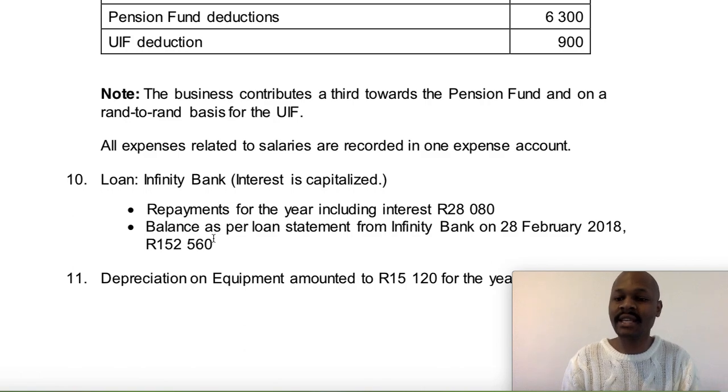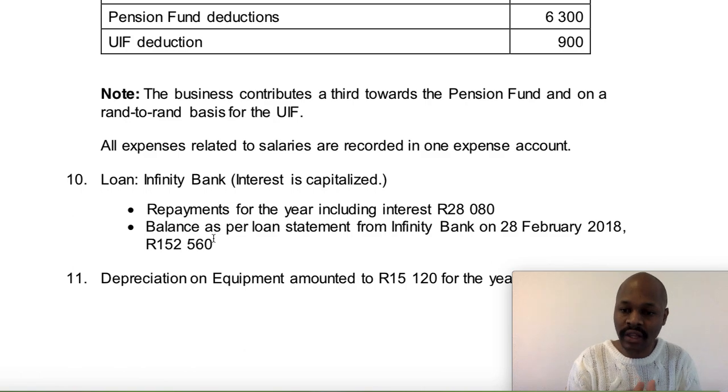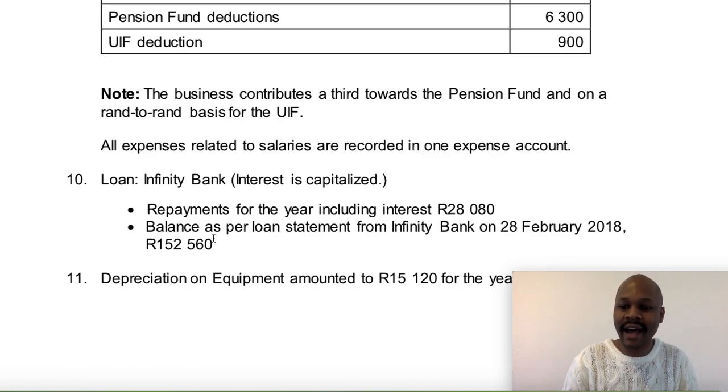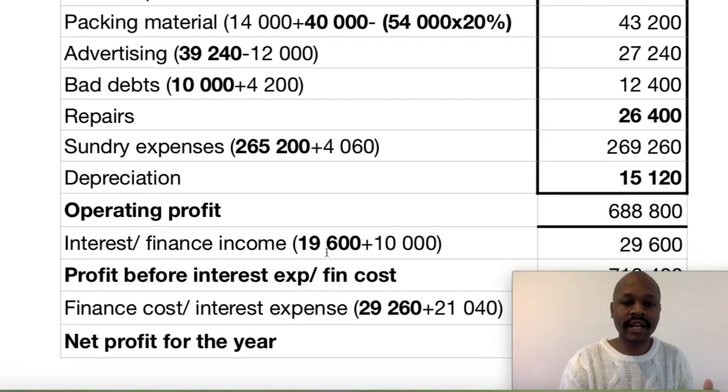So when interest is capitalized, it means when they calculate the balance you owe them, they will include interest from the previous month to get another interest. So another interest gives you another interest. So this is the compounding effect. So they say, how do we get our interest expense if not given in our answer book? Let's go.